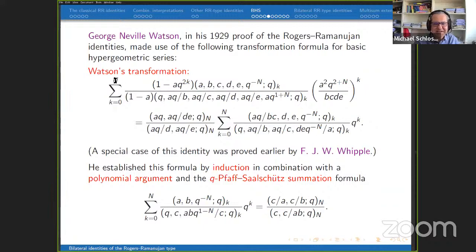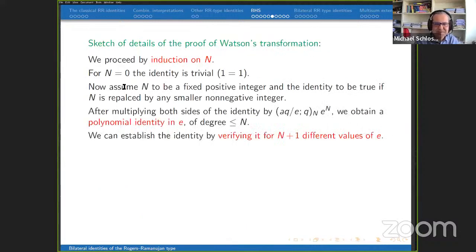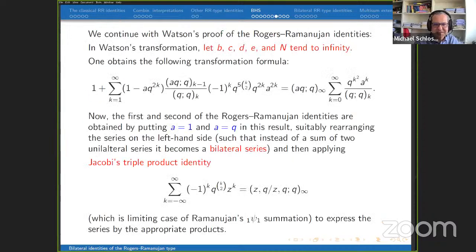But we can replace n by 2n on both sides and shift the sum so that k goes from minus n to plus n instead. Relabel the a's, b's, and c's appropriately, and then take limits. So that works. Then we do not get anything like this here, but we would have bilateral series on both sides. So this is the idea.